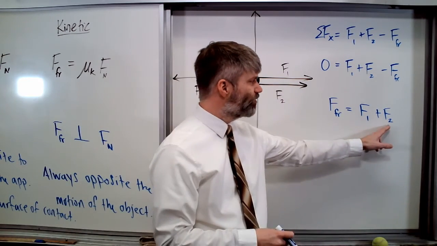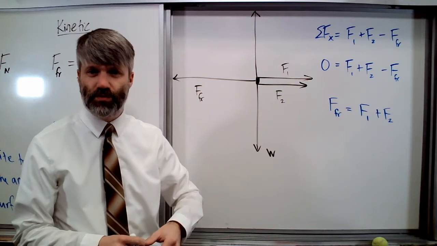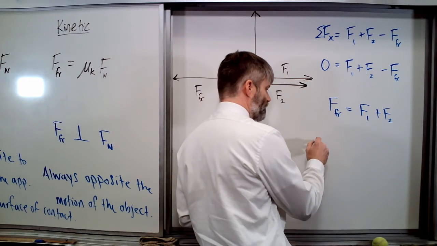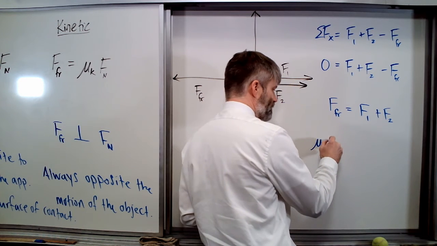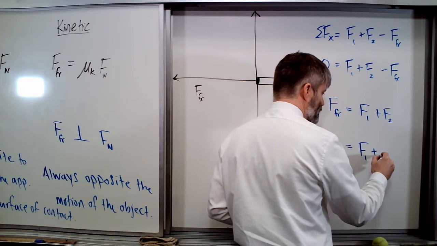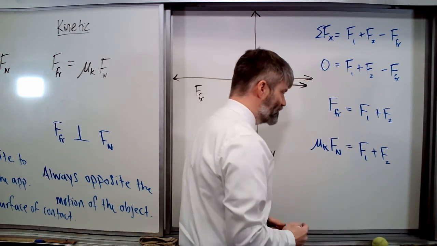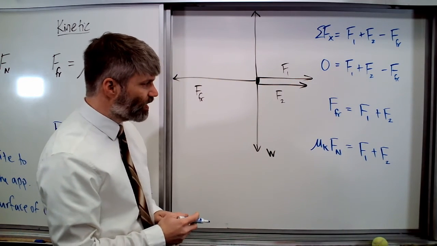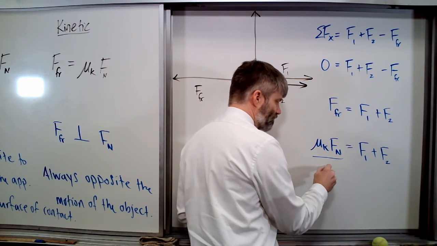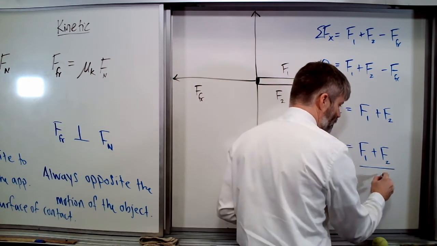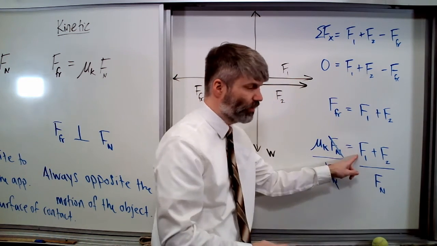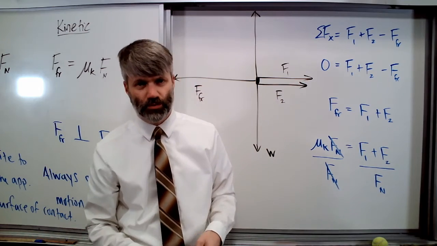Now, we know F1 and F2, and this force of friction is the force of kinetic friction, so we're going to have to go with mu k times the normal force is equal to F1 plus F2. And we'll see that, well, we're back where we were conceptually, right? That mu k is a ratio of the applied force to the normal force.